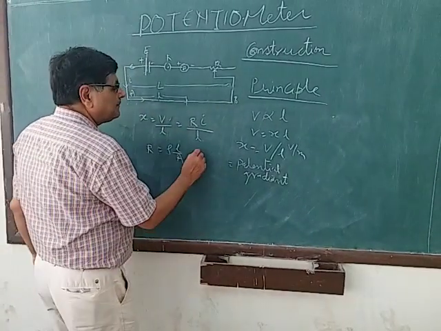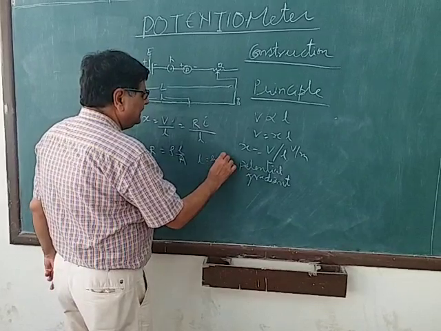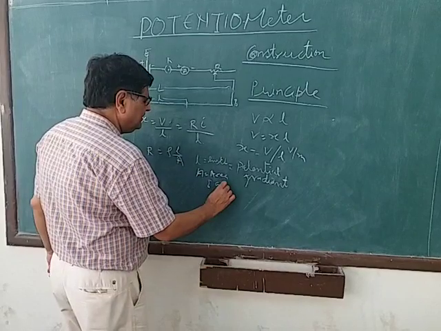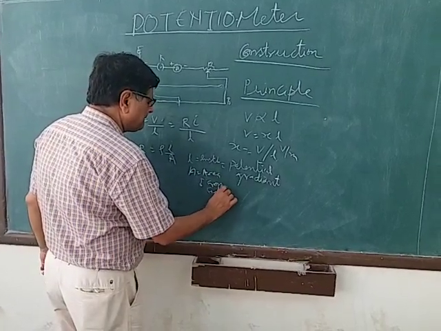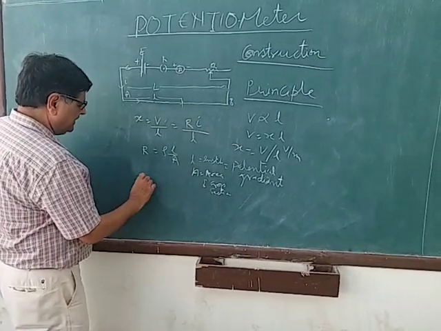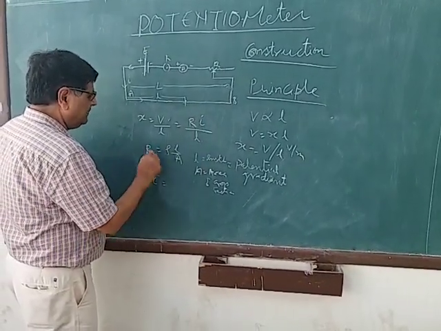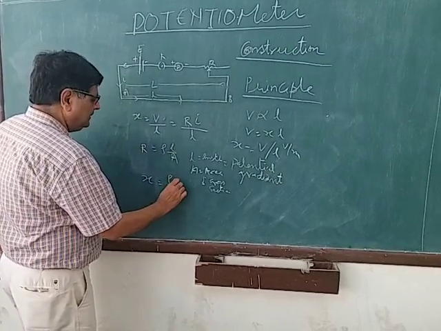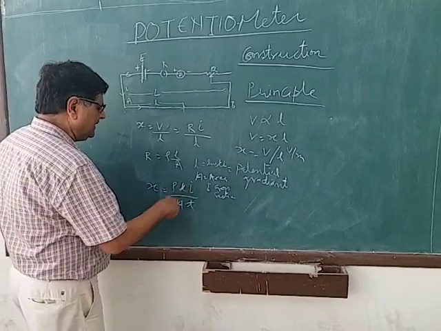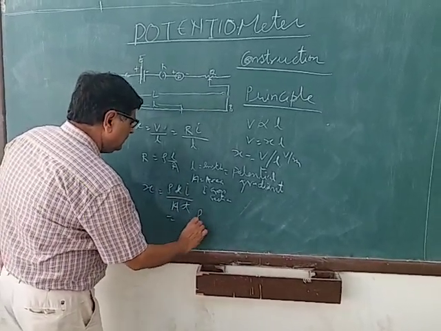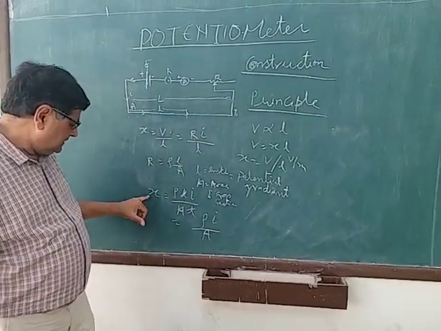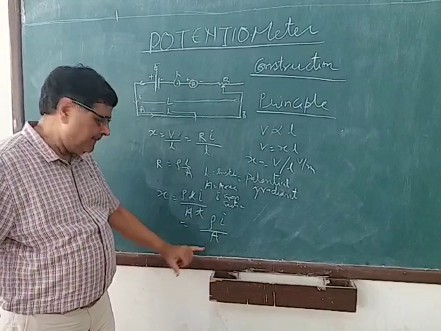A is the area of cross section of the wire. So if we substitute here, X is equal to, in place of R, rho L I upon A, and L cancels. So X is equal to rho I by A.